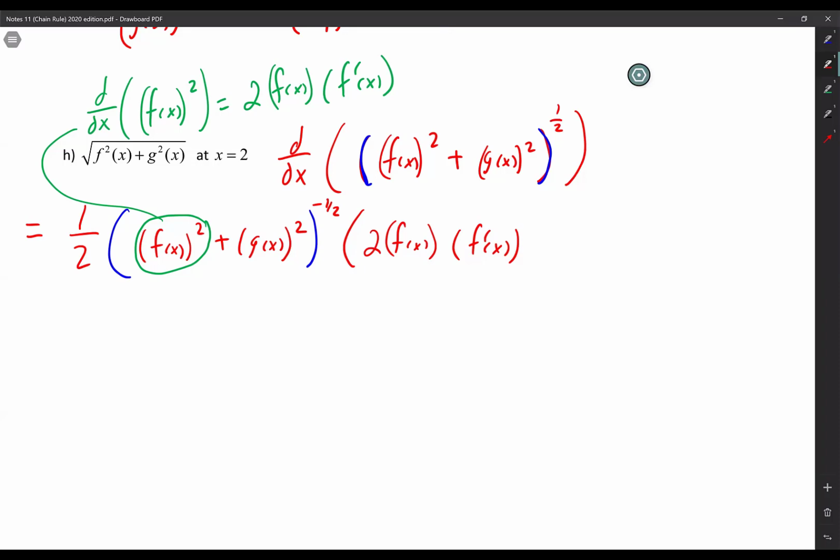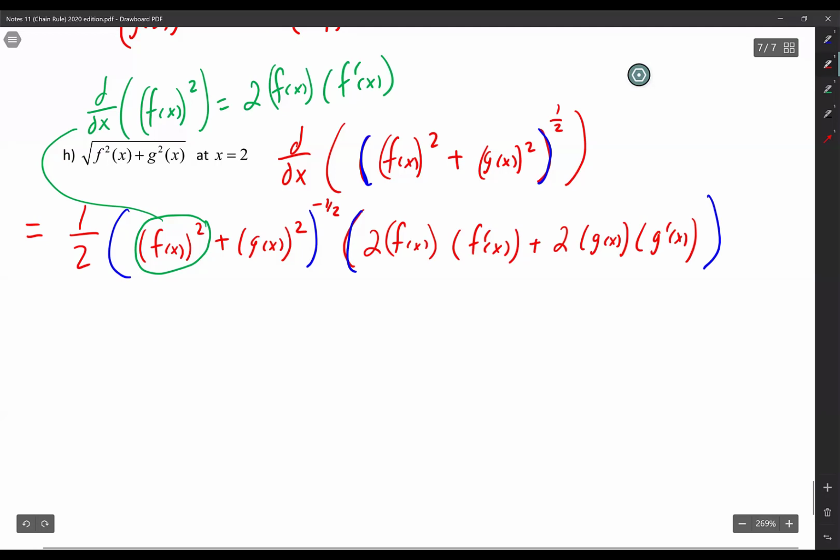Yeah, the chain rule. Outside 2, bring it to the front, leave the inside alone, f of x, times the derivative of the inside, f prime. Plus 2 g of x times the derivative of the inside, g prime of x. And this really is another parenthesis right there together.